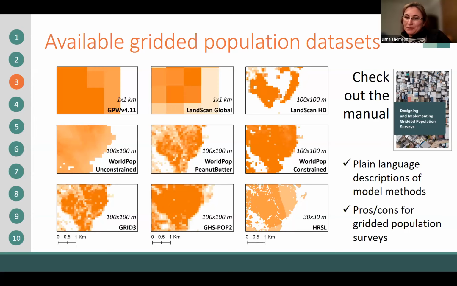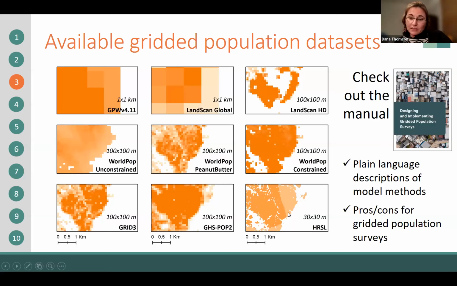That's the two basic approaches. There's also different levels of modeling. Some of these data sets we call highly modeled, meaning that they're using a geostatistical model, which means that they also come with estimates of uncertainty. The model has uncertainty and usually has multiple inputs. There's a few of these where it's more of an algorithm that says, disaggregate this county level estimate: if you see this land cover type and this number of buildings, this will be the count that you give to every cell.